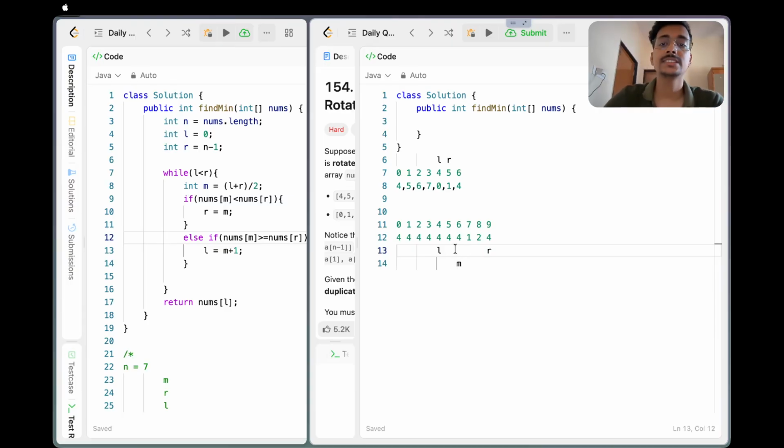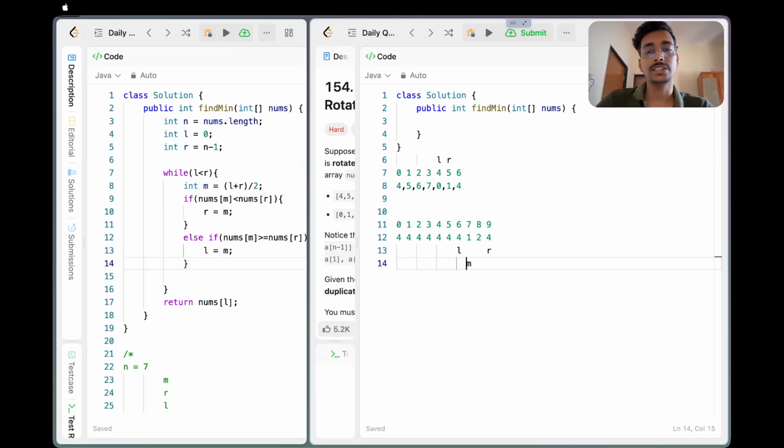4 plus 9 is 13. 13 by 2 is 6. Like, I will not update this way. Again check. Okay, fine. L will be here, and mid 6 plus 9 is 15. 15 by 2 is 7. Yes. Again check.